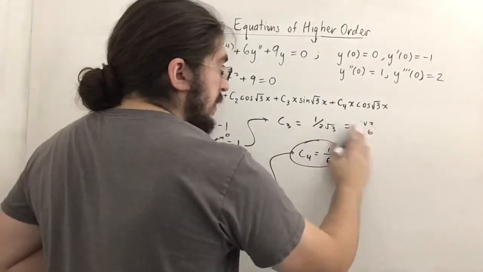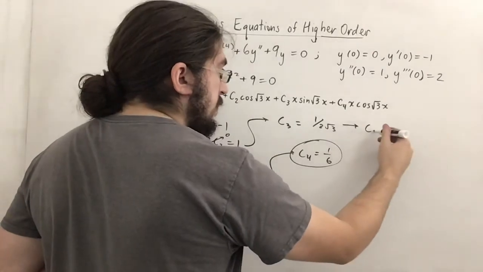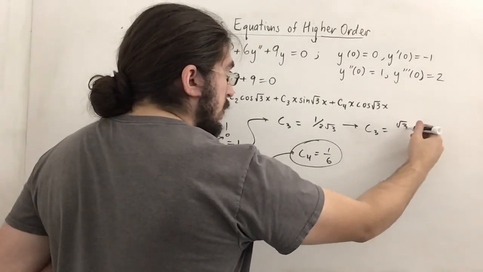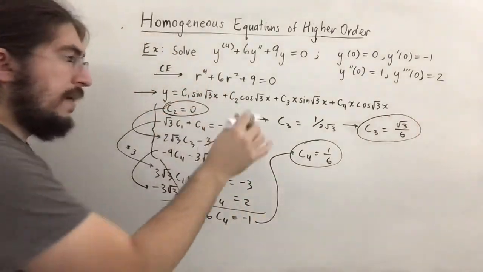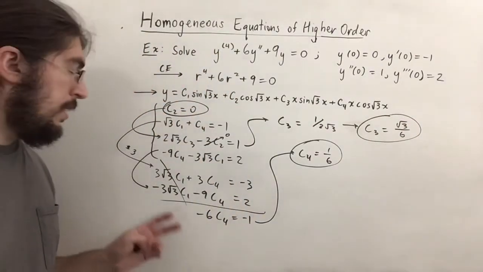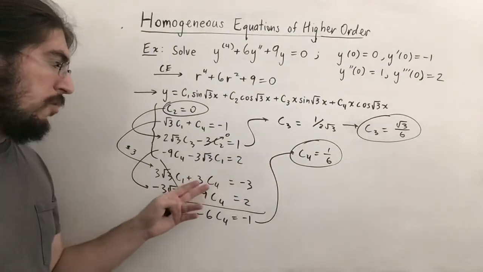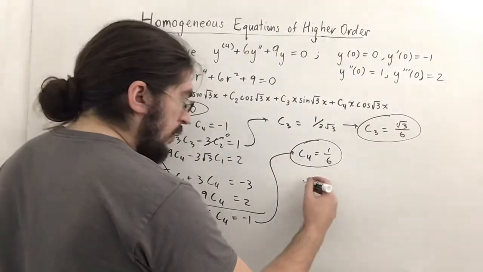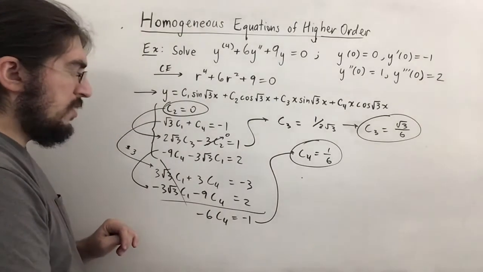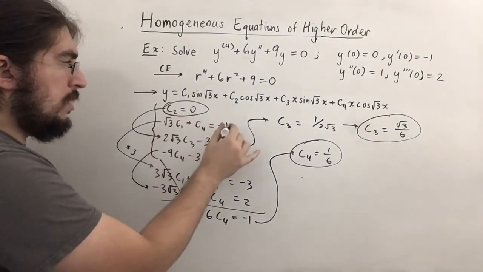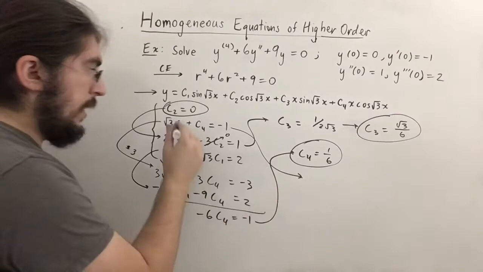So let me write this a little nicer. Perfect. So we have C2, we have C3, C4, and finally C1. Well, we can just plug this C4 value back in. It's a little bit of work, but let's see. Now we have a choice. Let me use the original second equation.